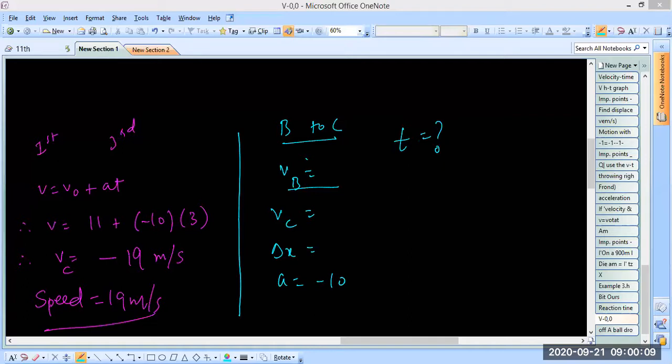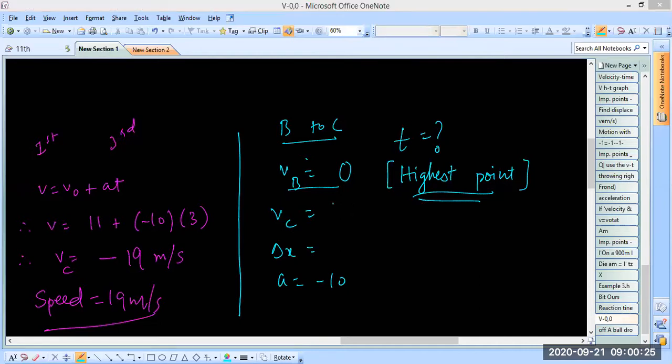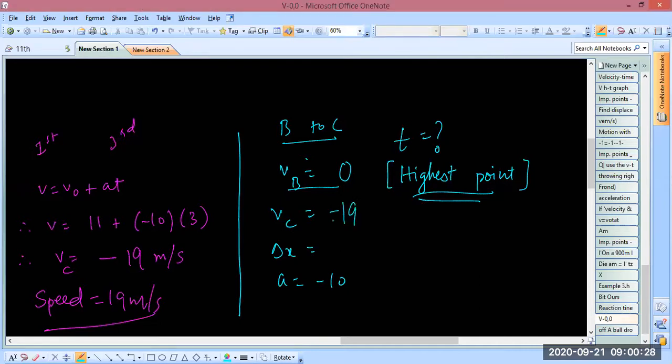It is 0, because that point is the highest point, isn't it? B is the highest point. So we know it. It's 0. VC is minus 19, right? VC is velocity, don't forget.